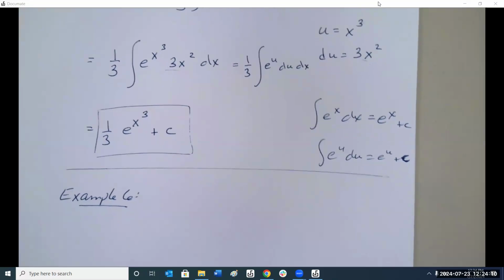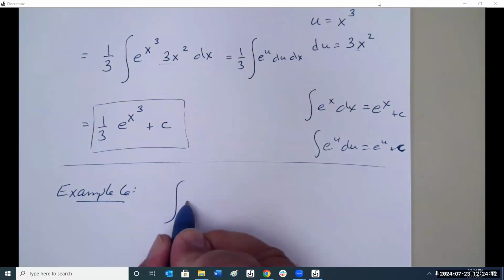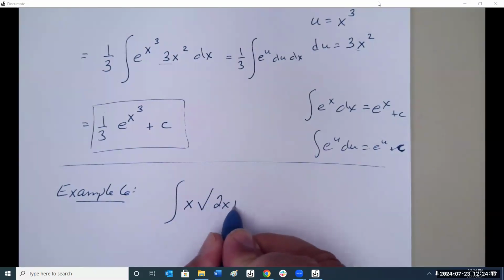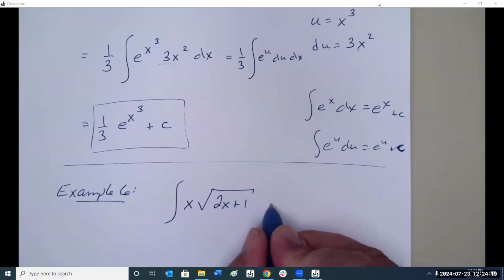Example 6. Evaluate the integral of x times the square root of 2x plus 1 dx.